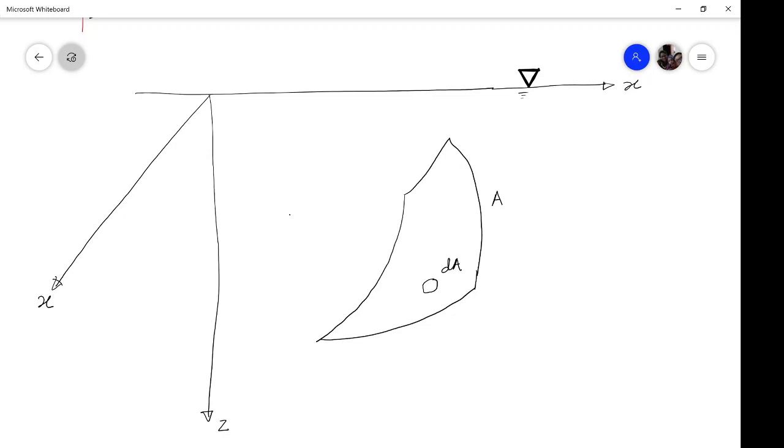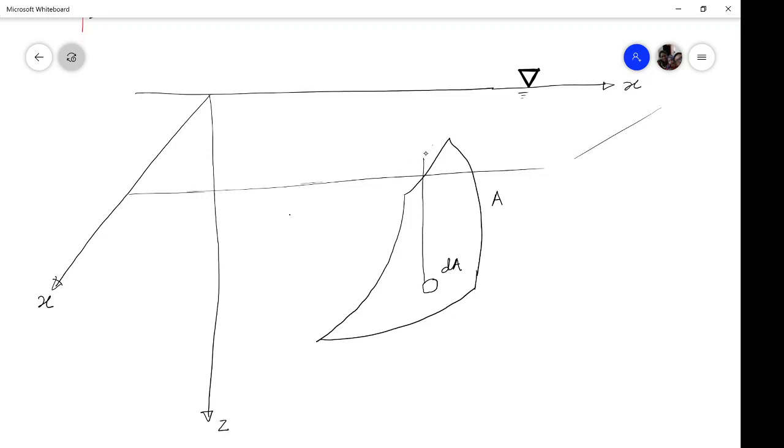So what is happening here? The pressure force at this particular point will depend on the depression of the element from the free surface.